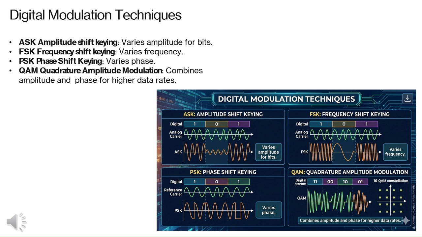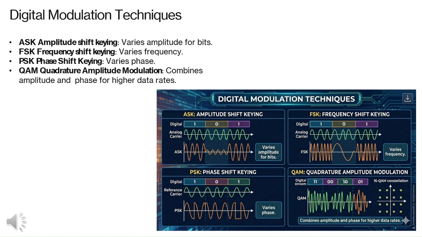ASK is simple but noise sensitive. FSK is robust and used in older modems. PSK is more efficient and common in satellites, where we mostly use it. QAM combines amplitude and phase, as we talked about earlier.